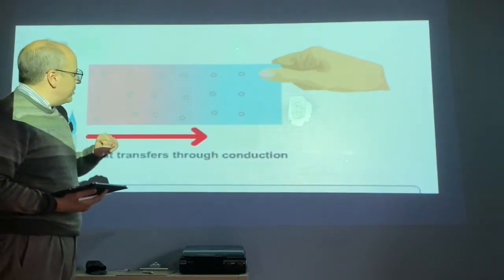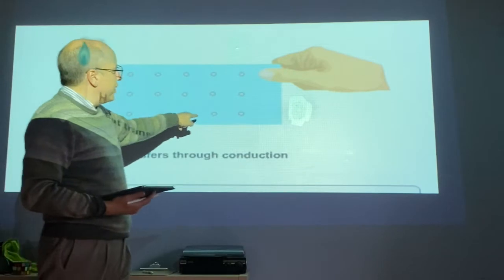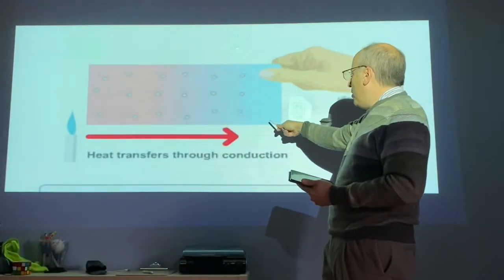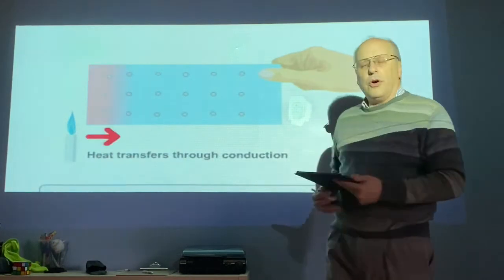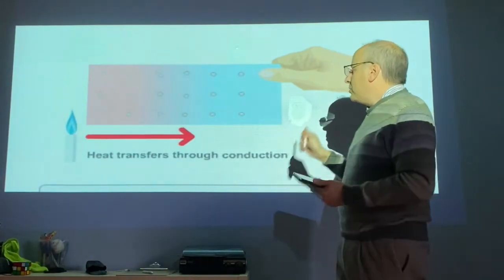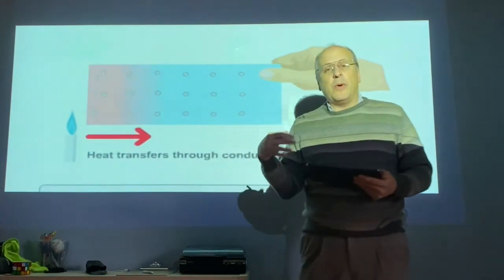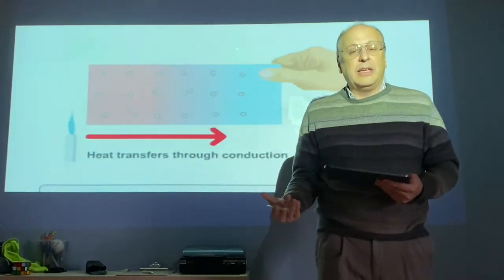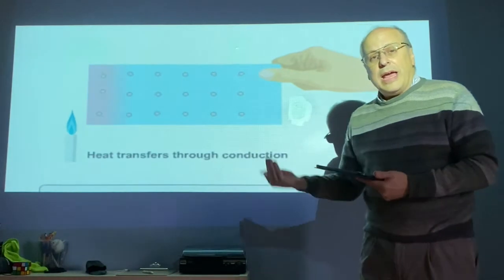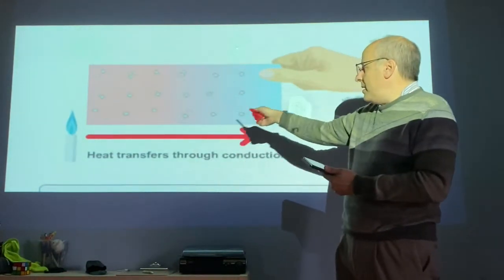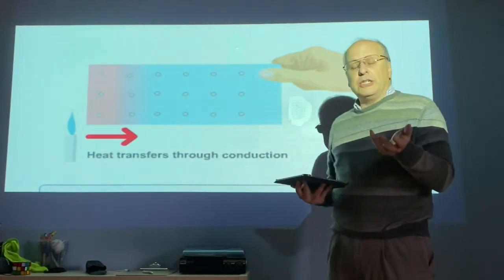They'd transfer energy to their neighbor, who transfers it to their neighbor, and eventually the energy would move all the way through the material to the colder object. So conduction is when heat transfers by way of molecular collisions. It is a chain reaction where energy is passed from molecule to molecule until the heat eventually reaches the other side.